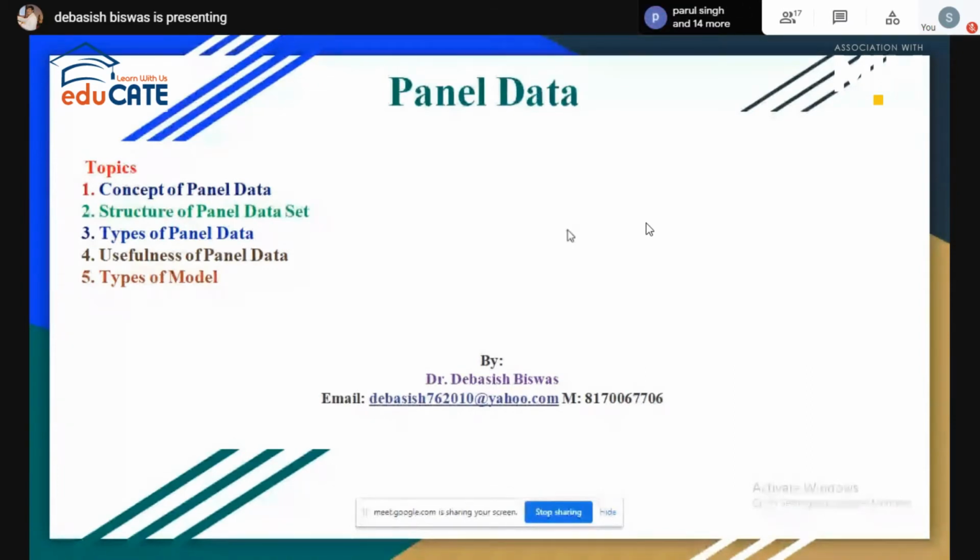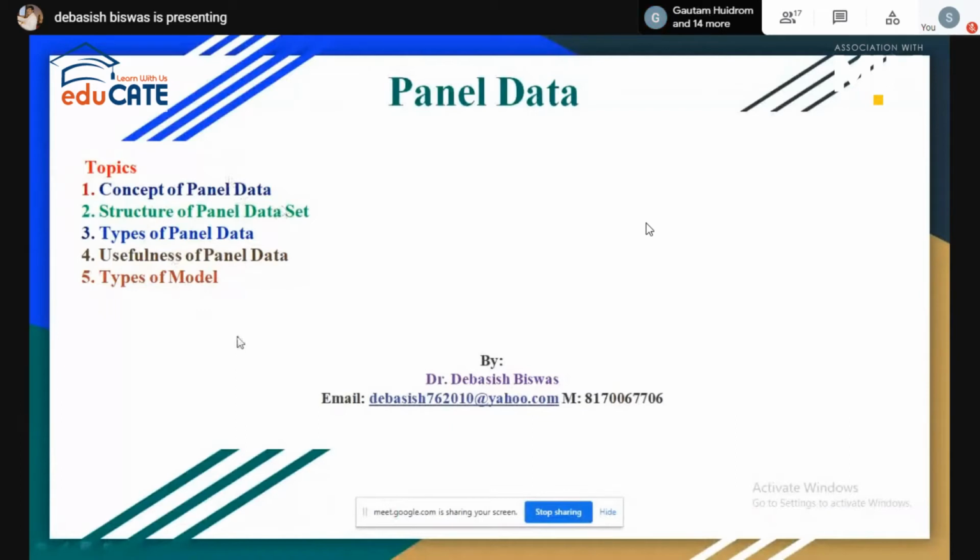I hope the concept of panel data is clear to you. I will discuss the concept of panel data, then the structure of a panel data set, then the types of panel data. There are various types of panel data, the usefulness of panel data, and what types of models we will consider under panel data analysis. These are the introductory topics of today's session.